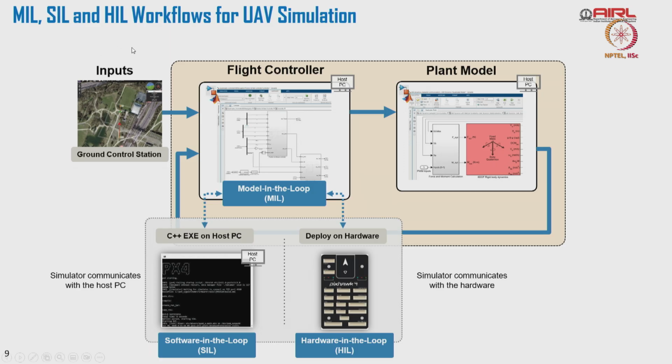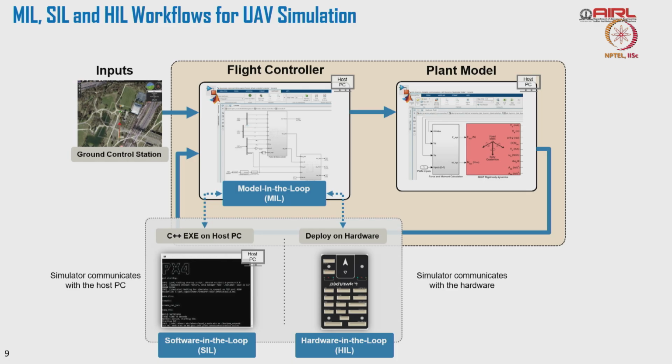All that input comes. Using that input, you pass all the information to a flight control architecture, right? The flight management system will take care of and validate all the process and evaluate the model in the loop, right? Basically you have a mathematical 6 degree of freedom model.